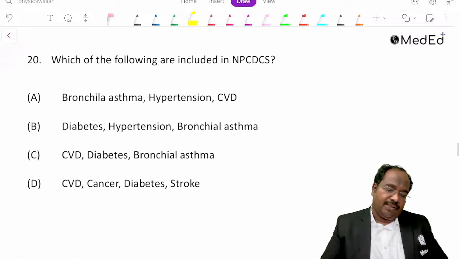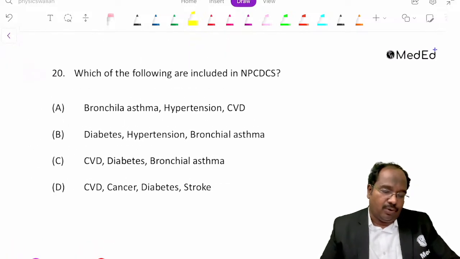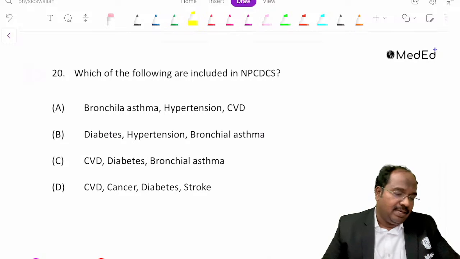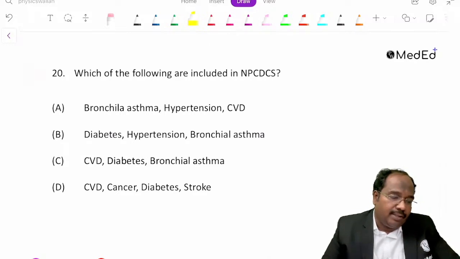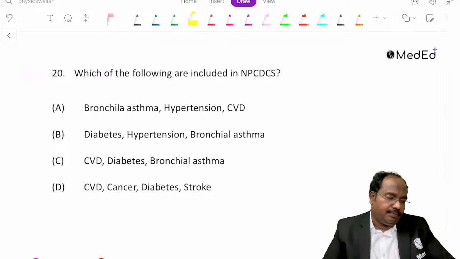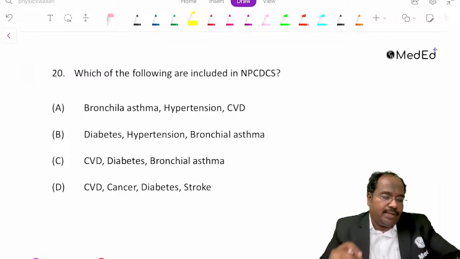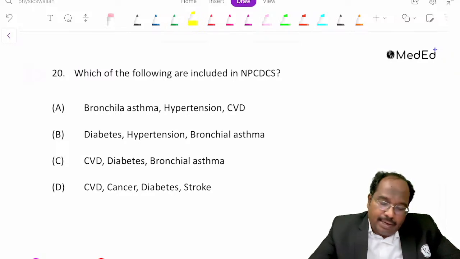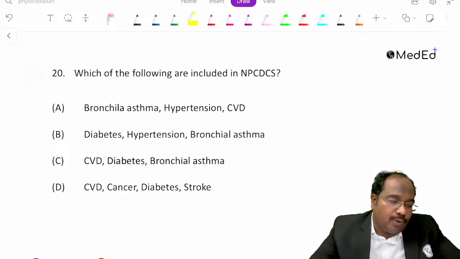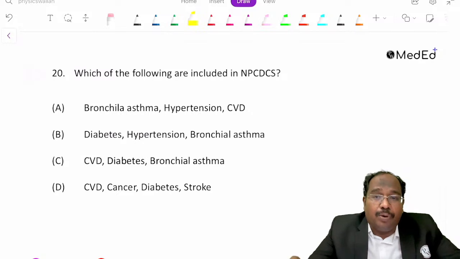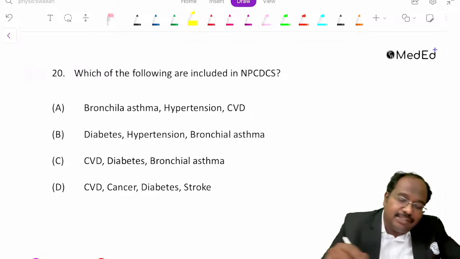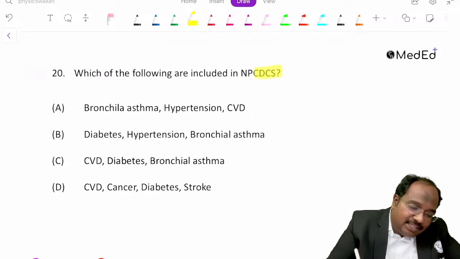Which of the following is included in the NPCDCS? This is the program. What have we included in this NPCDCS program? NPCDCS is the national program for what?